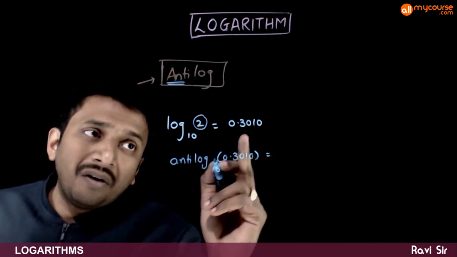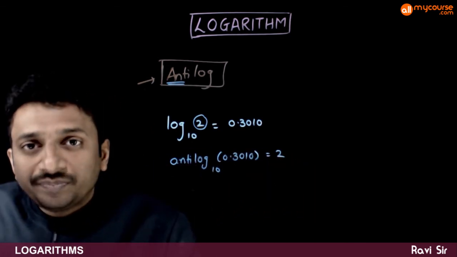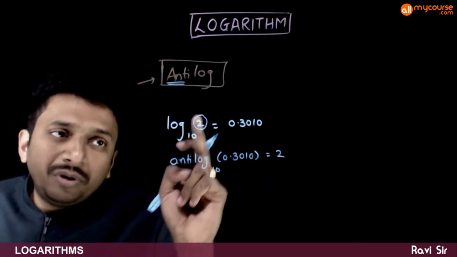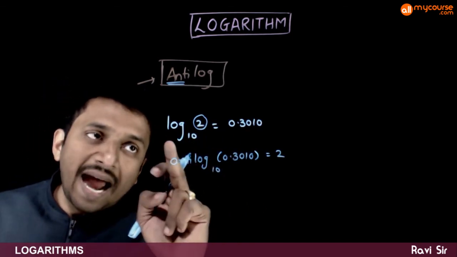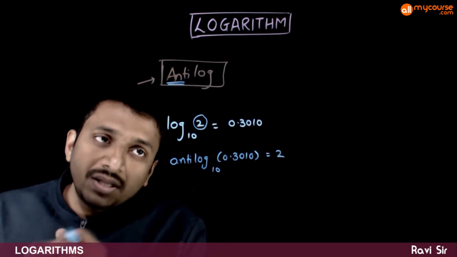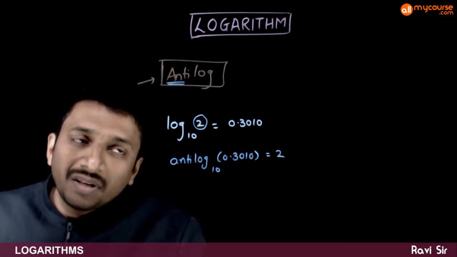The anti-log of 0.3010 with respect to 10 is nothing but 2. So if log of 2 to the base 10 is 0.3010, anti-log of 0.3010 with respect to 10 is nothing but 2.